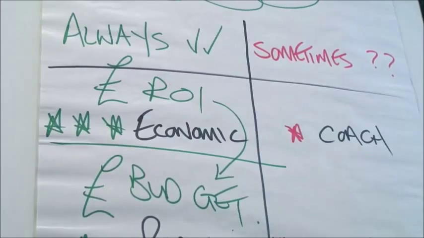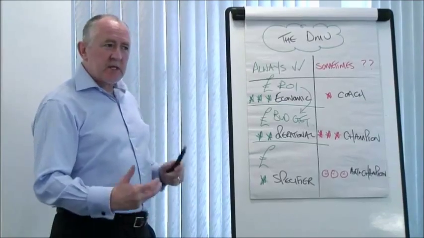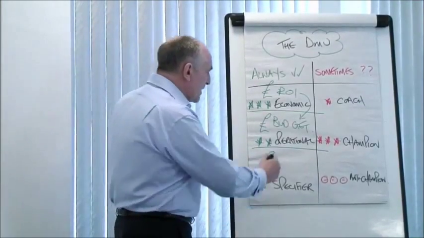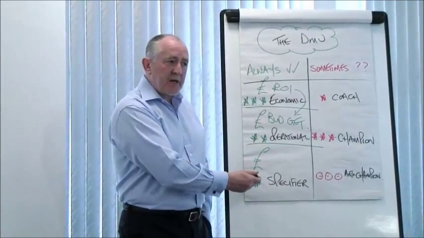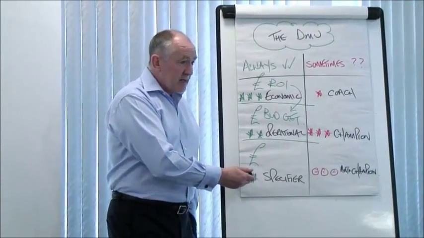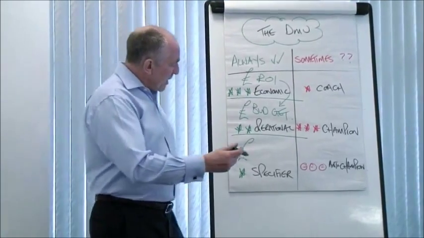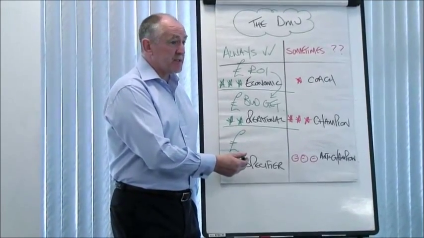So when we start looking at these people, economic influencers are interested in return on investment, operational influencers are interested in budgetary expenditure. Then when we get to the specifier, usually found in the purchasing department, found in legal, internal or external legal advocates, or maybe even accountancy or contractual parts of the business.